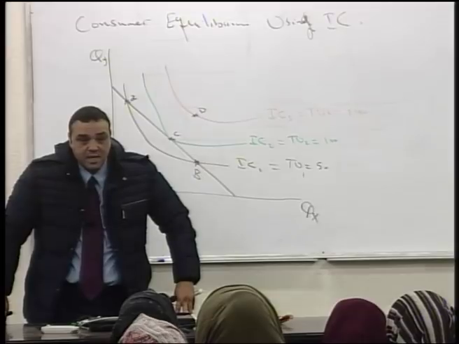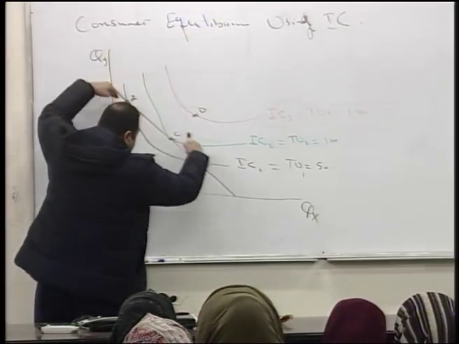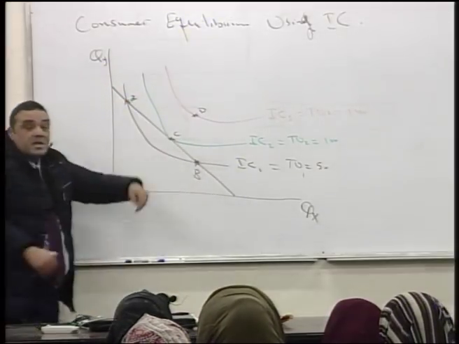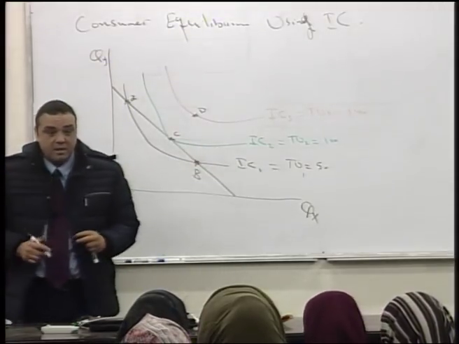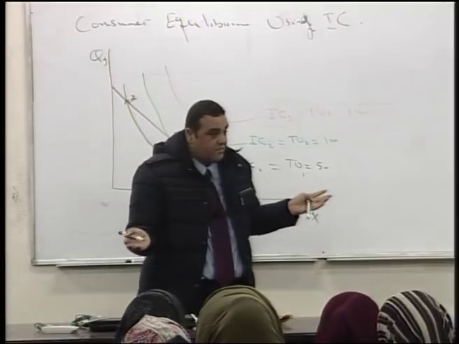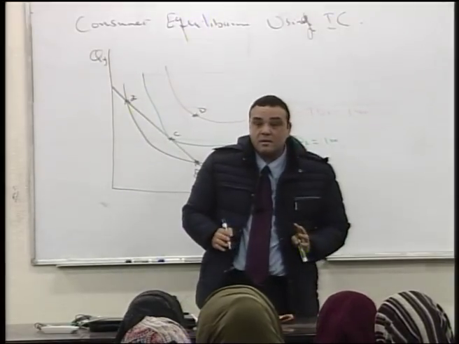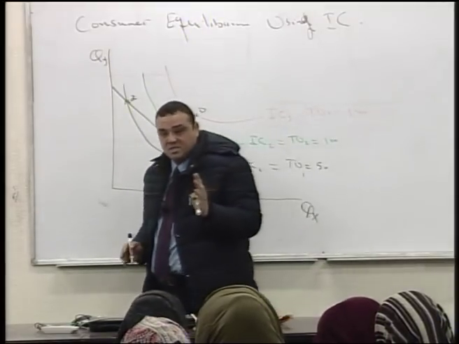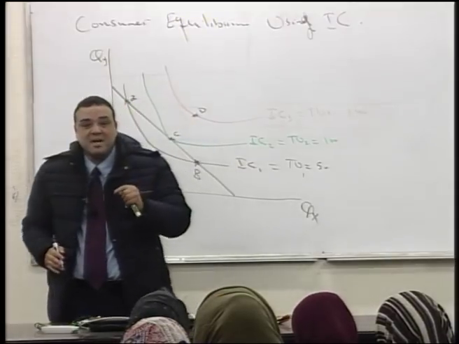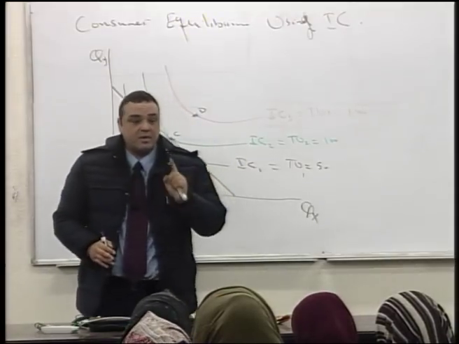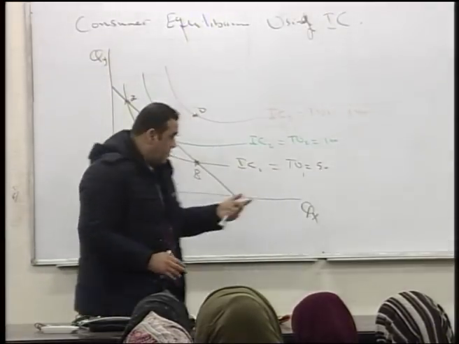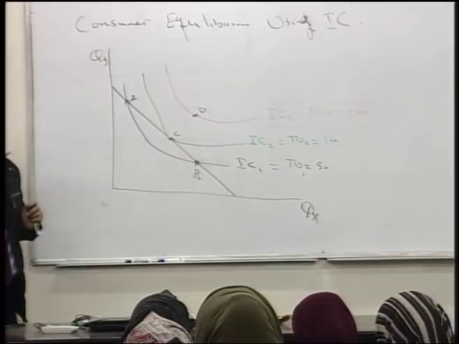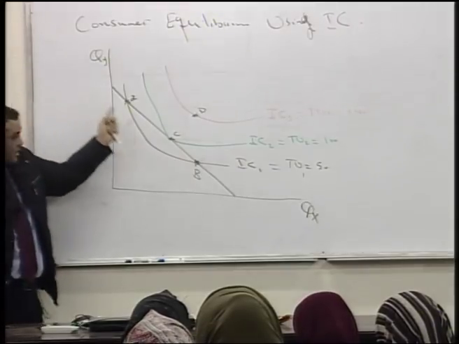Which means that along this budget line, the consumer spends all of his income to buy different groups of X and Y. All right? A rational consumer will try to maximize his utility when he consumes different bundles of goods. Now, we have a budget line.